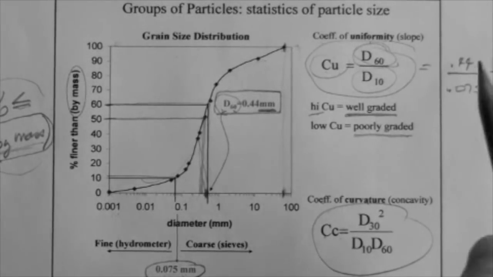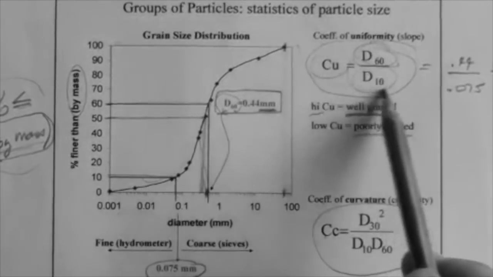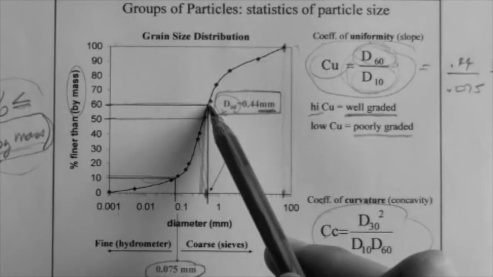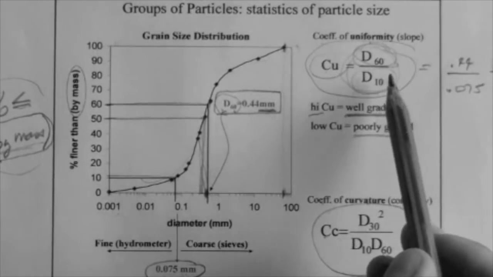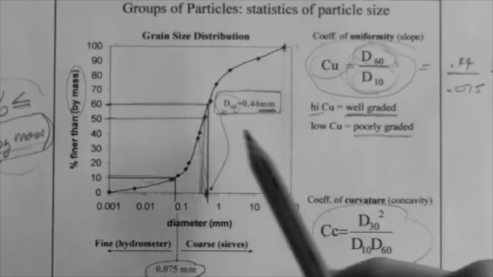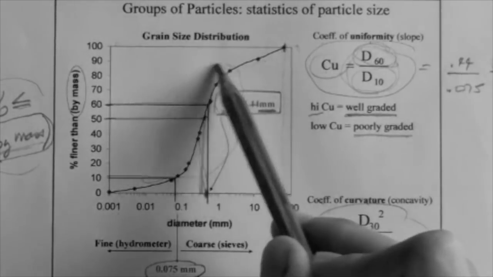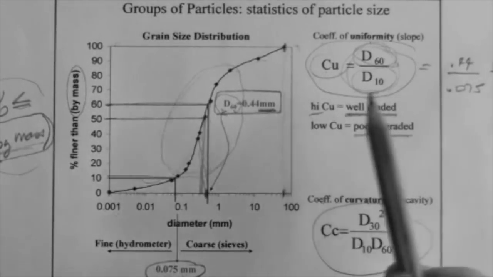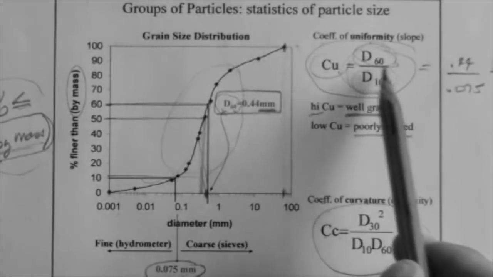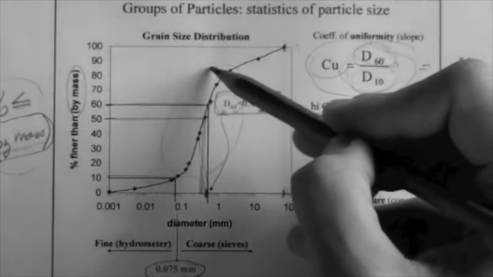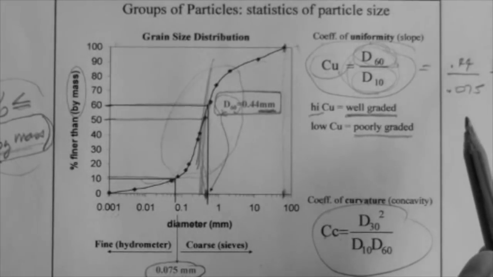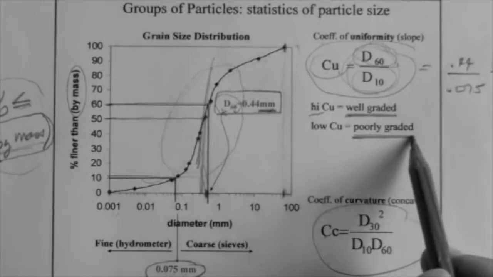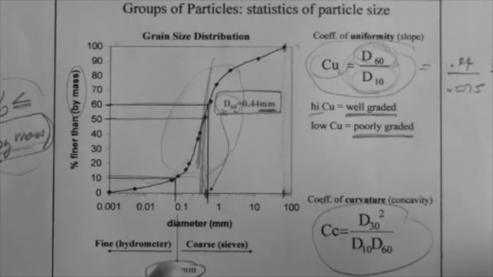Now, what does it mean? Well, this is this value divided by that one, right? In this case. So what it tells you is the slope of the inner portion of the grain size distribution. So if the Cu is close to 1, then you have a very steep grain size distribution, in which case your soil is so-called poorly graded, meaning that there is only a narrow range of sizes in the soil.